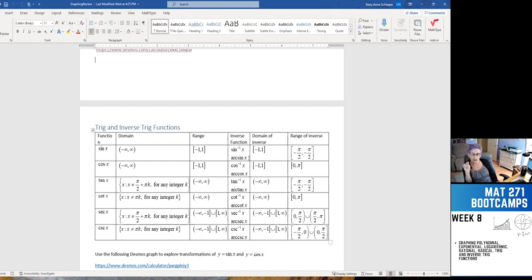So for sine, your inverse function will always be from -π/2 to π/2. I will fix that and send you the fixed one too. -π/2 to π/2. -π/2 to -π/2 would be really boring.